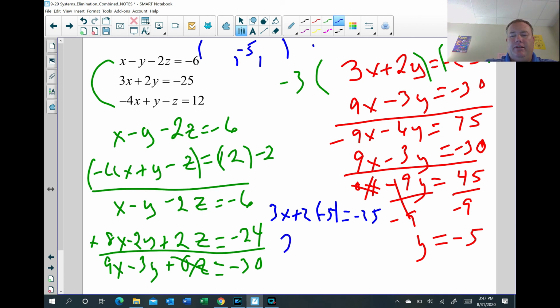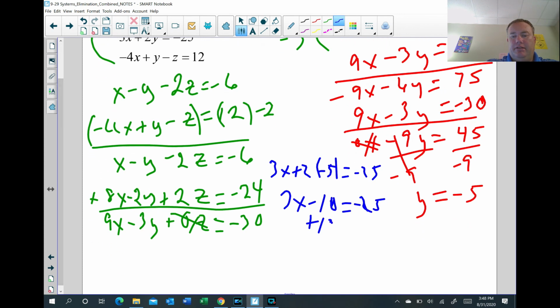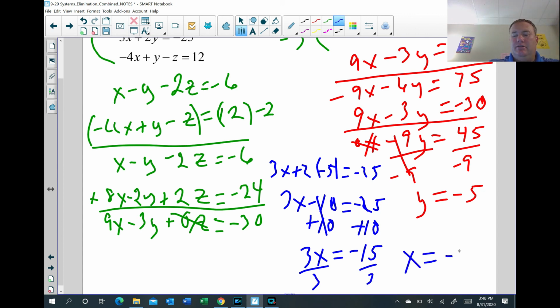So I get 3x minus 10, because 2 times negative 5 is negative 10, equals negative 25. Okay? Add 10 to both sides. Sorry about the writing. This thing's acting weird on me again. Add 10 to both sides. There we go. So you get 3x. Negative 25 plus 10 is negative 15. Divide both sides by 3. And for x, I also get negative 5.